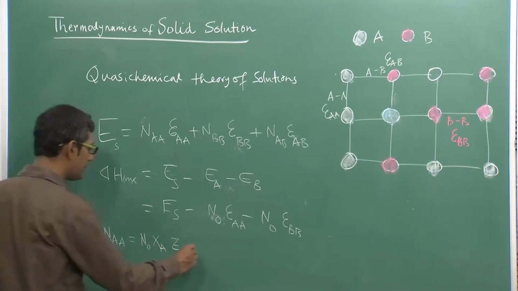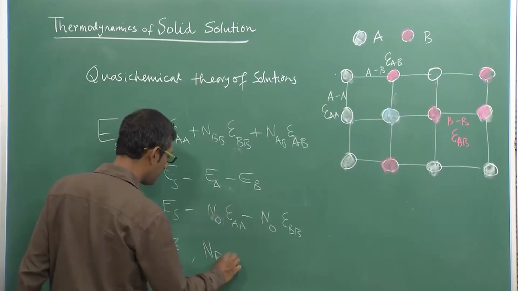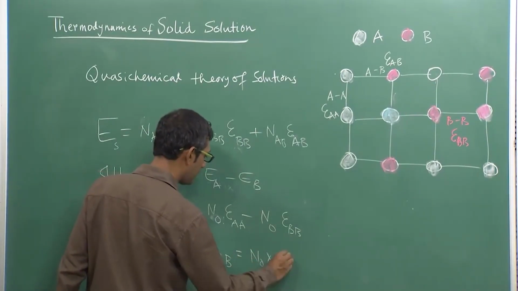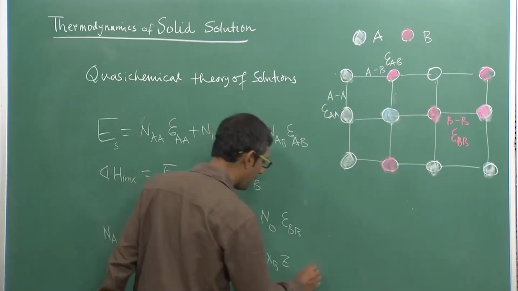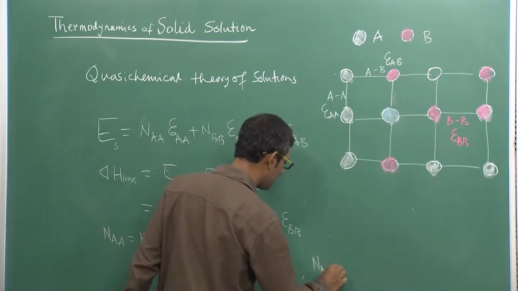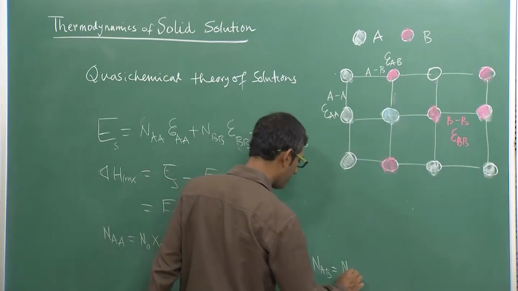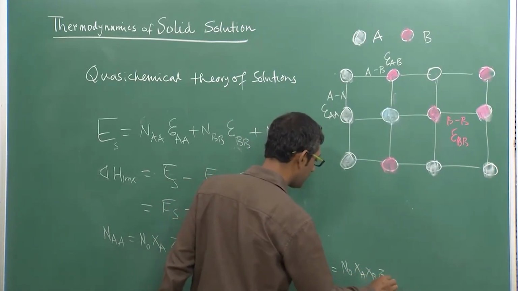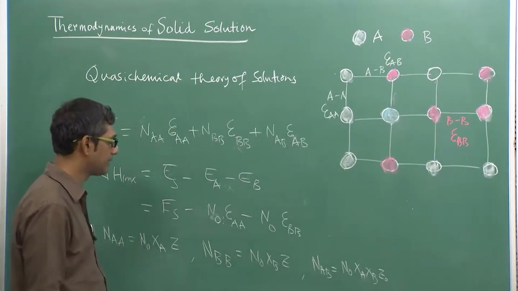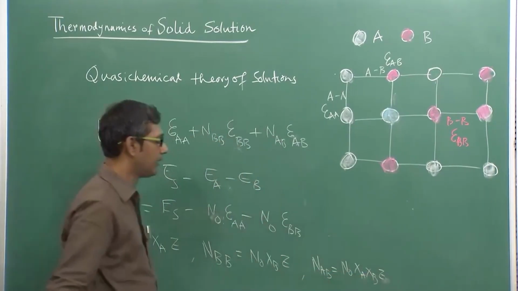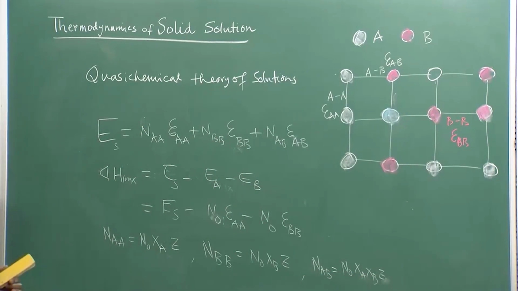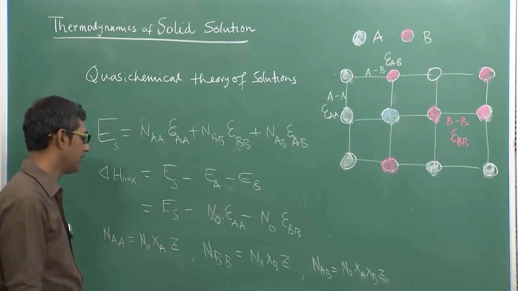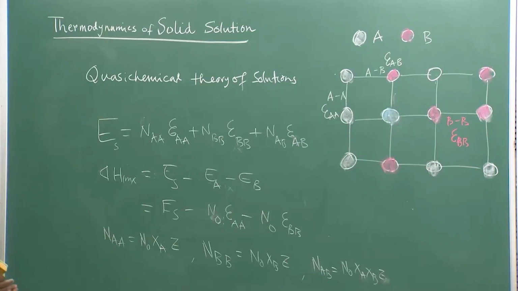Similarly, NBB is nothing but N0 XB Z, and NAB is nothing but N0 XA XB Z. As you know, in a binary system, these are the probabilities of the system.